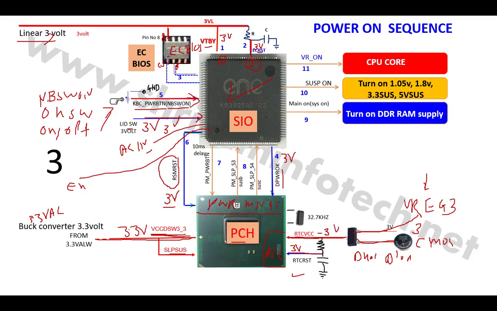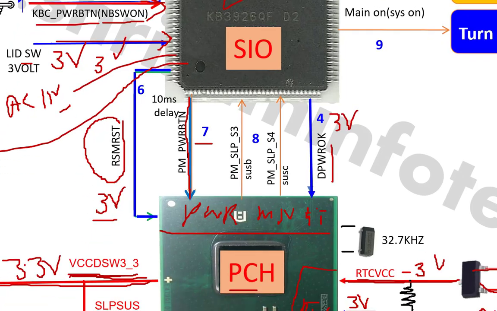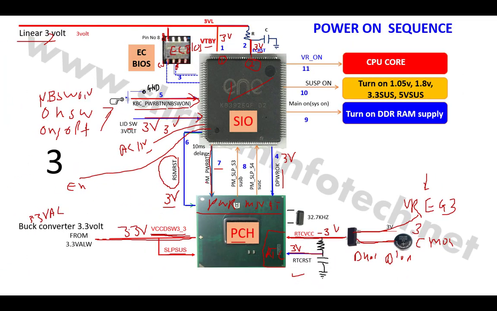Then SIO generates this RSM-RST. After RSM-RST, step number 7, SIO sends a PM power button signal to the PCH. This signal is called the PM power button, or in some models it's called the DNBSW on, or sometimes a PBTN.